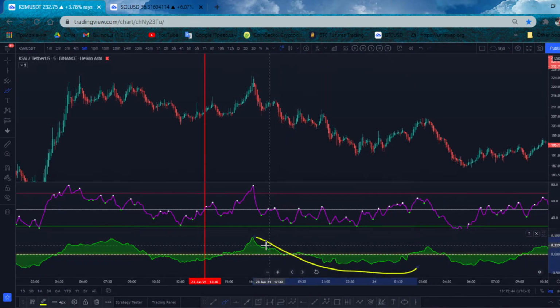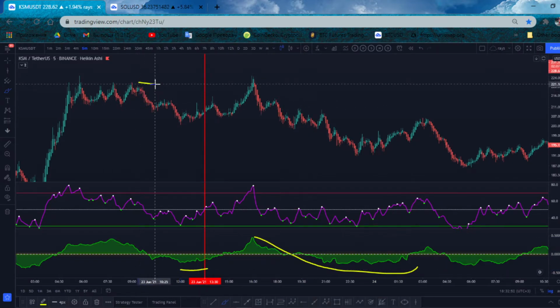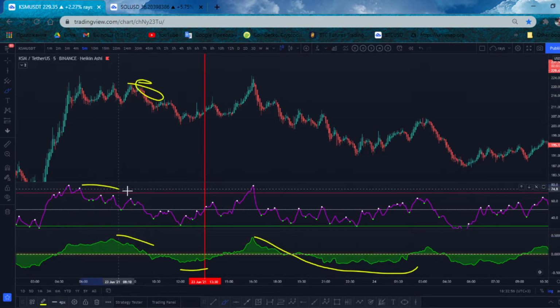So if we were here, actually we opened a short here because money is going down and RSI is going down like this. It's a good position for a short.